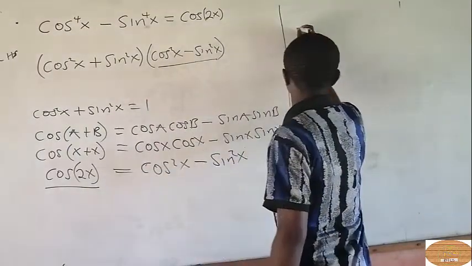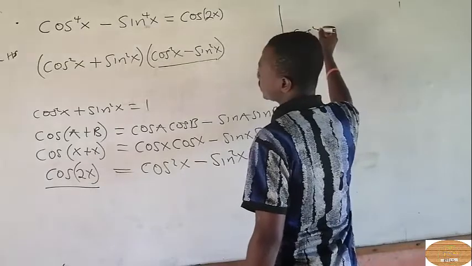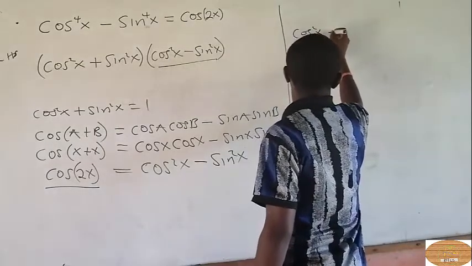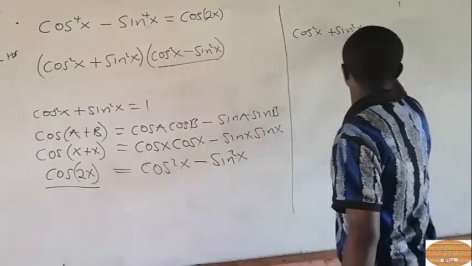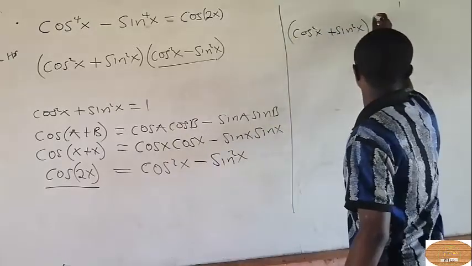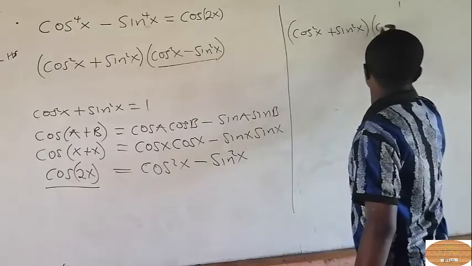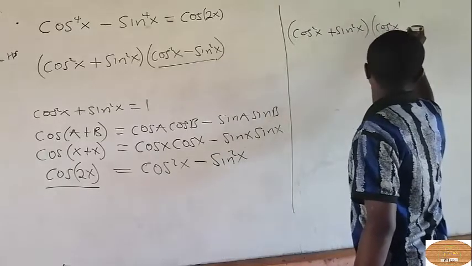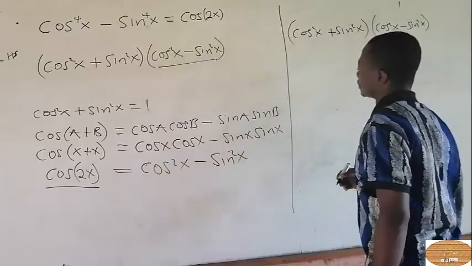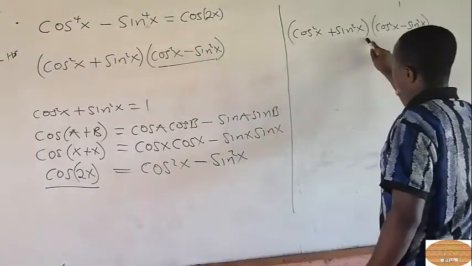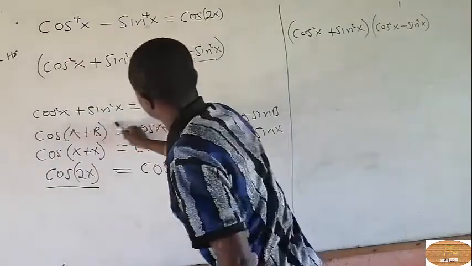Alright. So when we put this one, we have cos squared x plus sin squared x, times cos squared x minus sin squared x. Alright. Cos squared x plus sin squared x is 1.